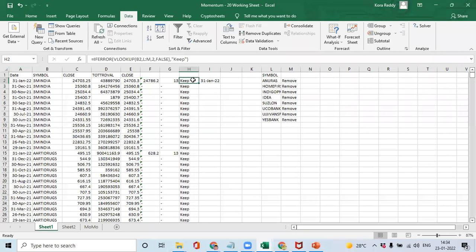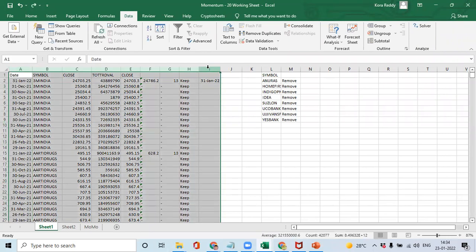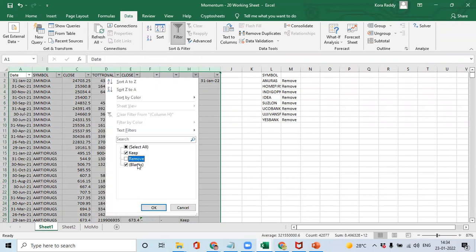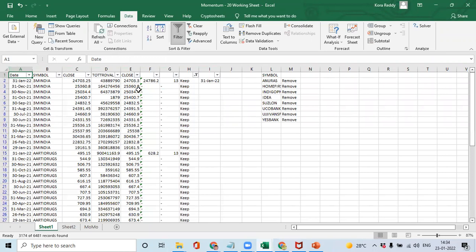So again, we look up. If it is not there, it's remove, or else keep it. So I'm interested only in the stocks which are to be kept. So this is my interest.